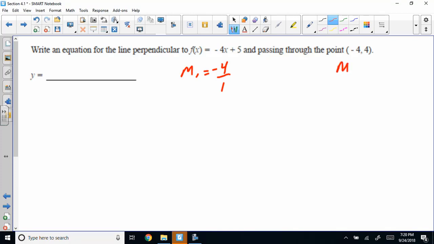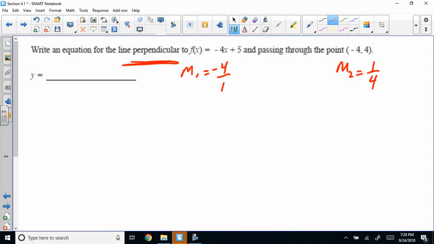Now, I'm going to call this M2, right? So the relationship between line 1 and line 2 is that they are what? Perpendicular, which means it has to be opposite or negative reciprocal. So if I got a negative here, it'll be a positive over there, right? I got 4/1, which would become 1/4 here.